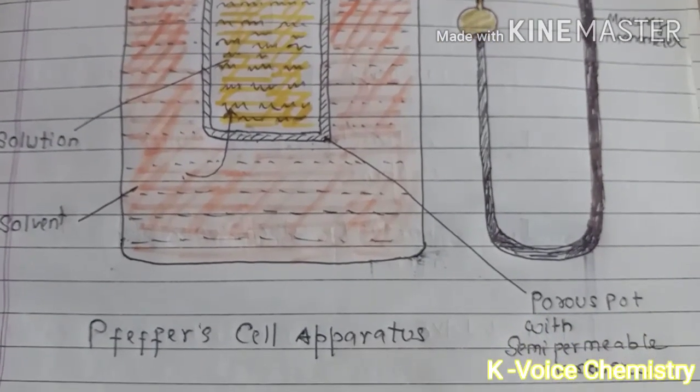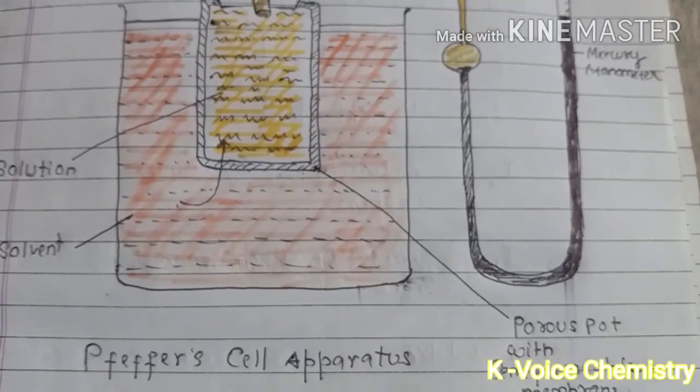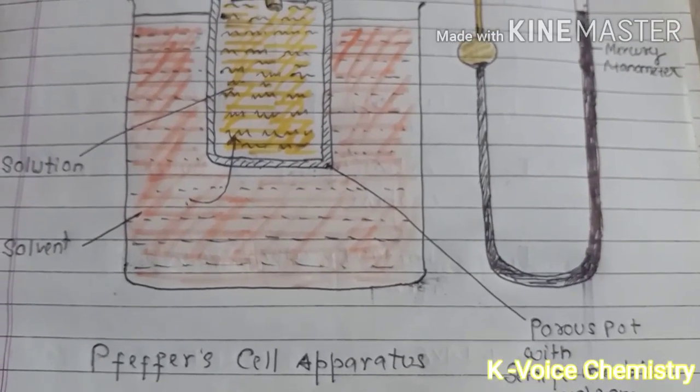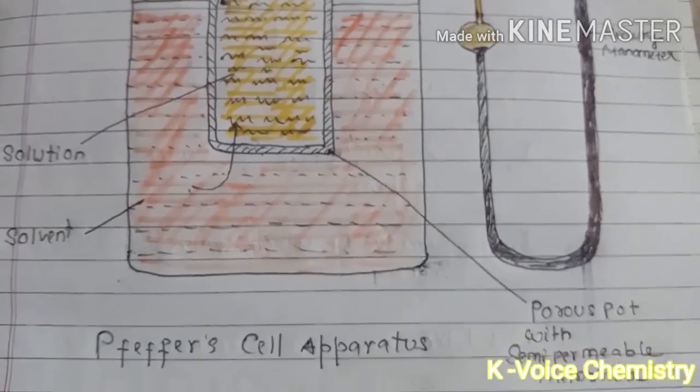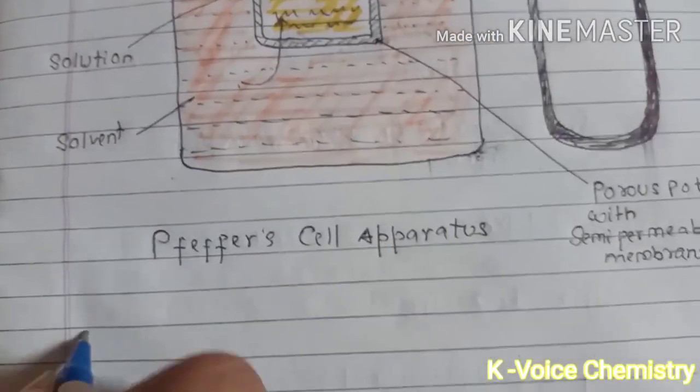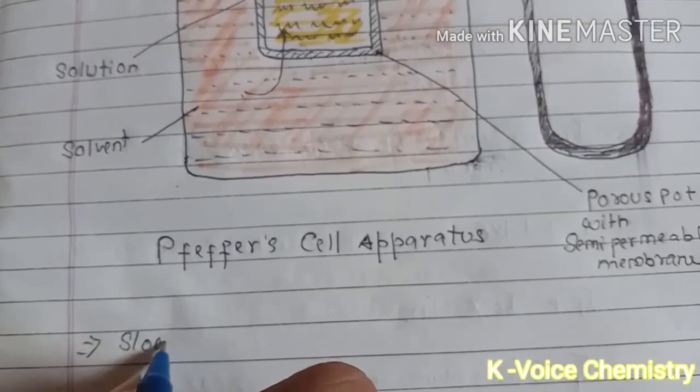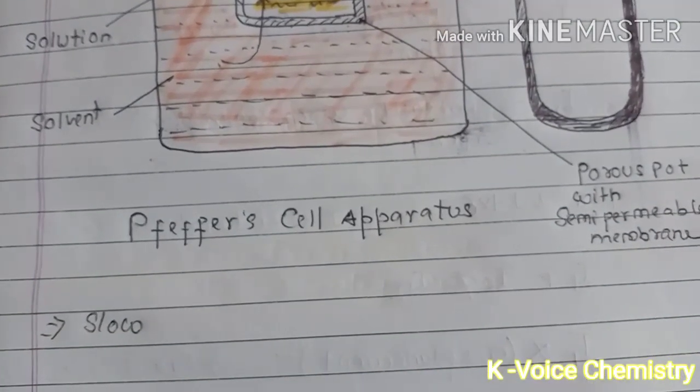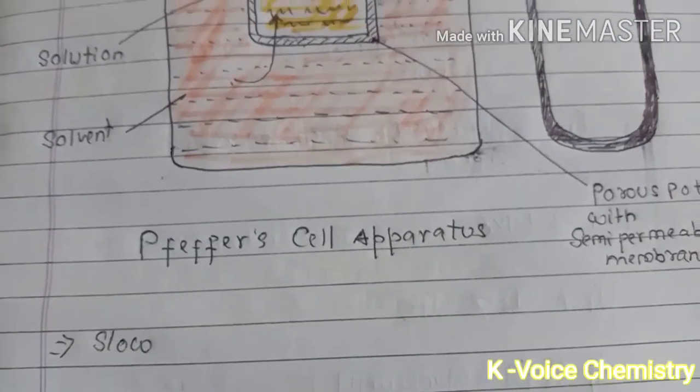So now let us talk about the disadvantages of this method. The main disadvantage is that it is slow. This method is slow because it might take a couple of days to reach the equilibrium.